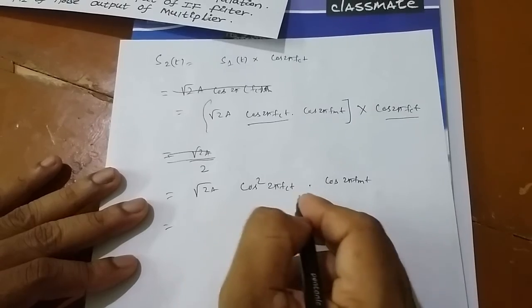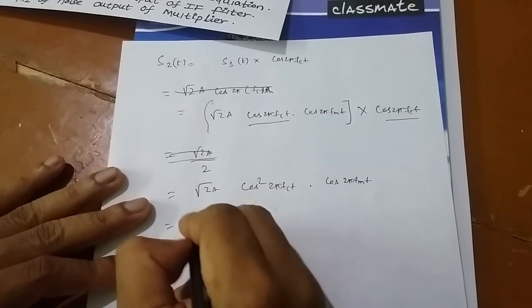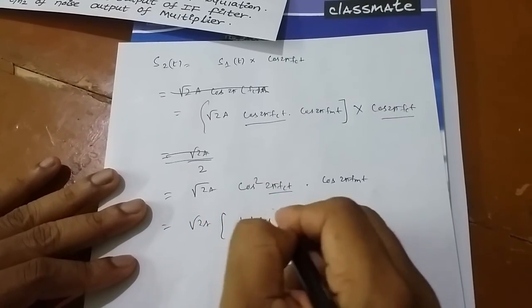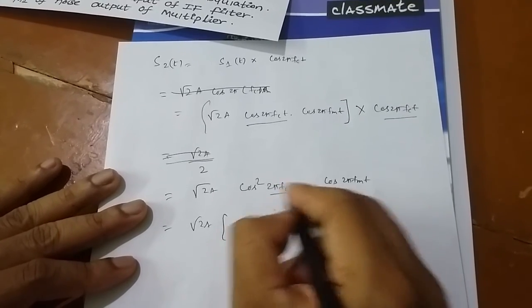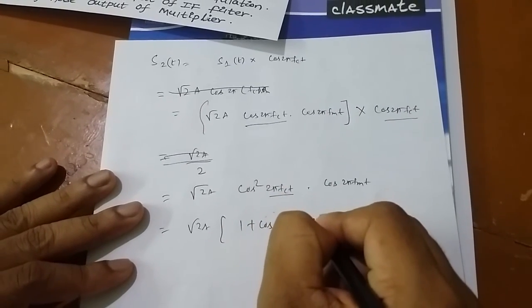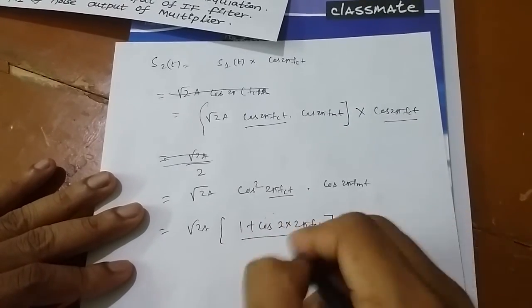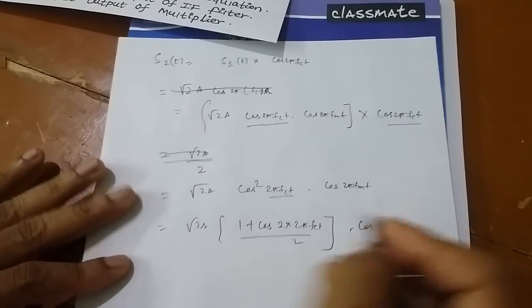Cos square theta is 1 plus cos 2 theta by 2. So root 2a into 1 plus cos 2 pi 2 fct by 2 into cos 2 pi fmt.